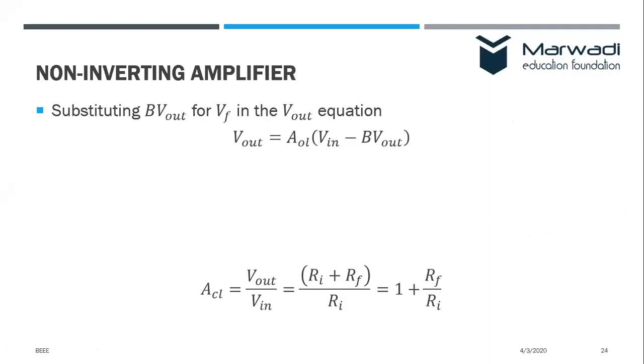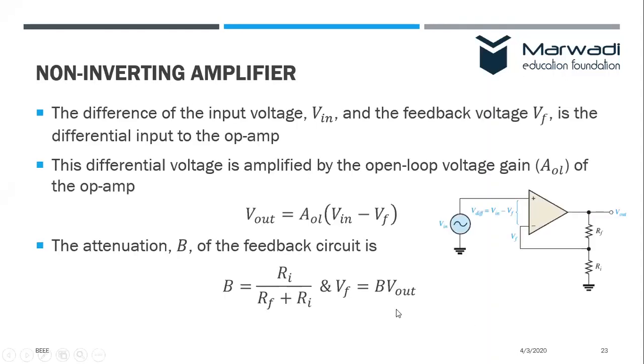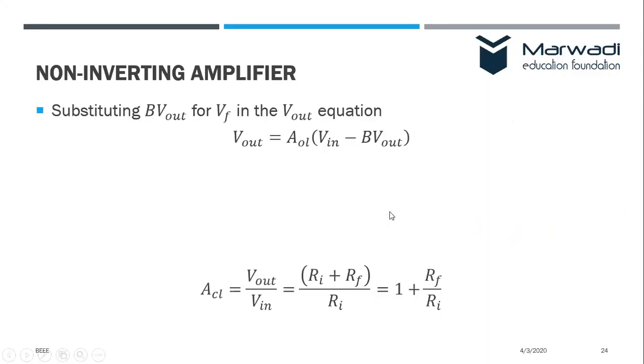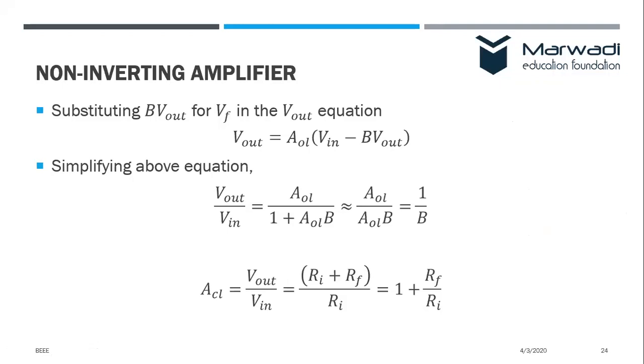Now if you substitute B Vout for Vf, from here we have Vf equal to B Vout. So if you put B Vout in that earlier equation, then we have Vout is equal to AOL into (Vin minus B Vout). And if you simplify the above equation, then we get Vout upon Vin is equal to AOL upon 1 plus AOL into B, right?